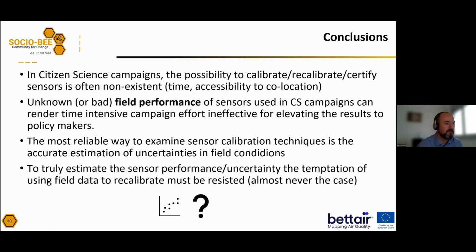This may seem very trivial, but this is not what's typically done. Because to truly estimate the sensor performance and uncertainty, the temptation of using field data to recalibrate must be resisted. If you are using field data to recalibrate, yes, you lower your uncertainties a lot, of course, but then you don't know what your uncertainty is. You cannot know your uncertainty if you are using field data to calibrate. So this almost never happens.